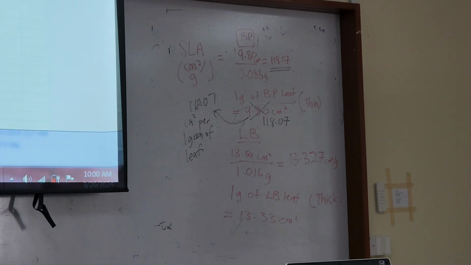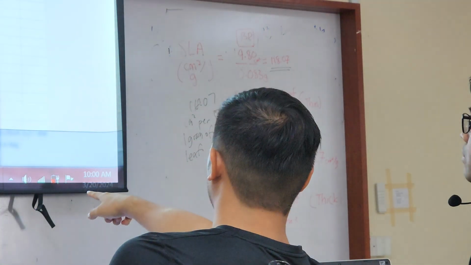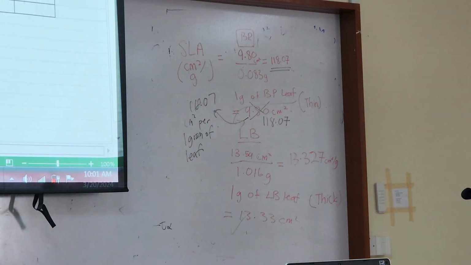Yang mana? Yang the rest of it kan? Okay. Yang ni. So you need to calculate your AGR, RGR and CGR. So macam mana nak tahu? Tengoklah nota tu. Nota dah bagi.